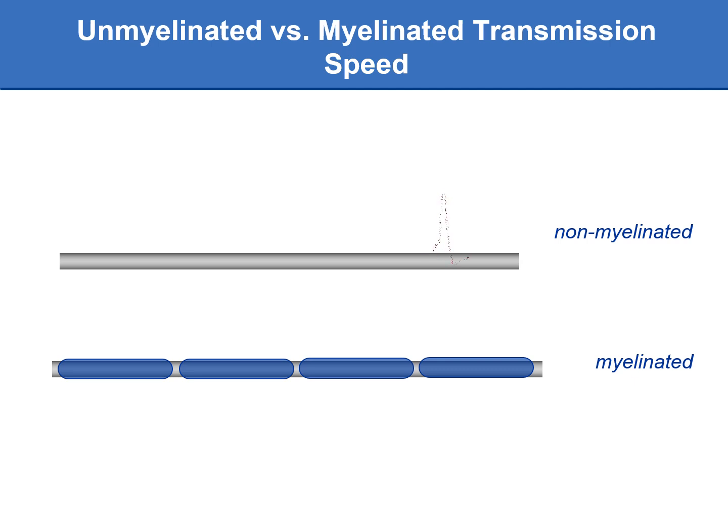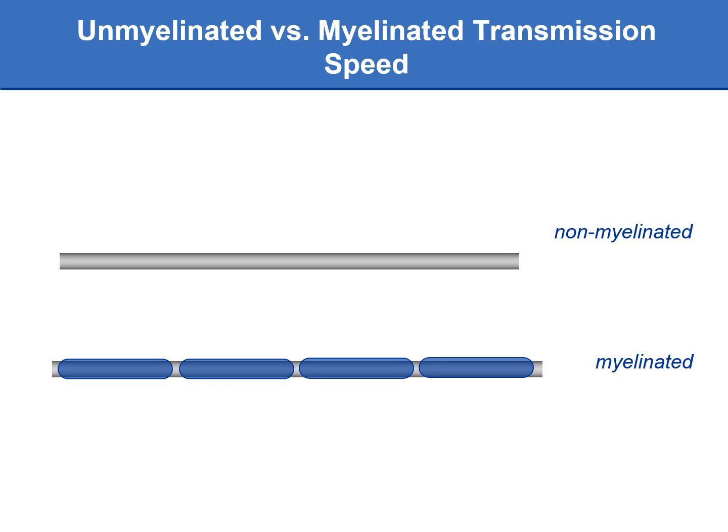So that's going to take a while until you reach the axon terminal. Okay, and then we've got the myelinated axon on the bottom here, and we only have to create our action potentials just at these nodes of Ranvier. So we're going to reach the axon terminal a lot quicker.